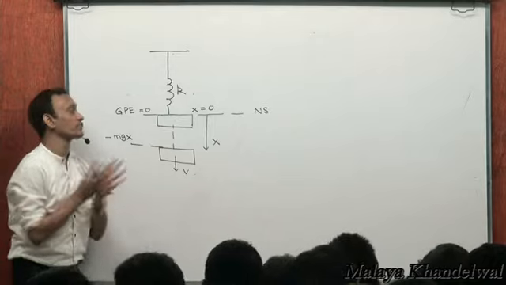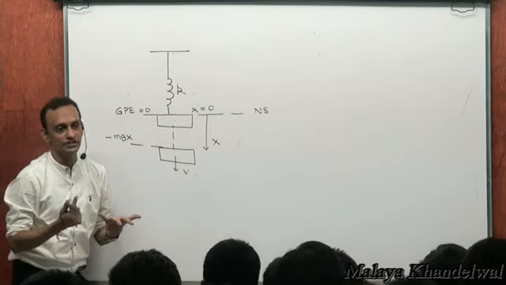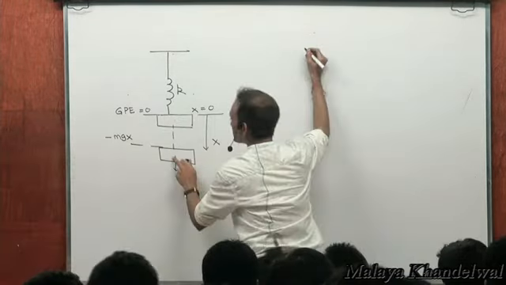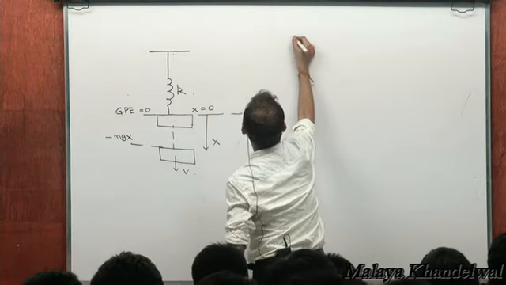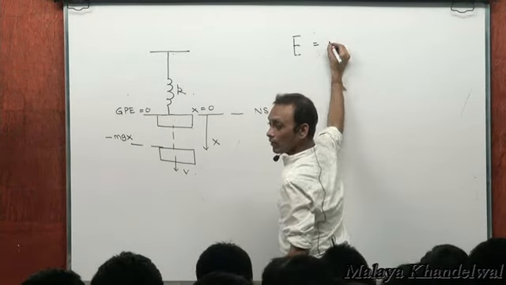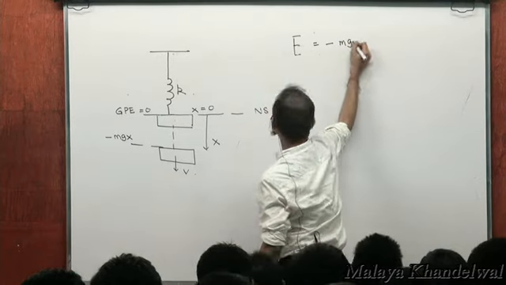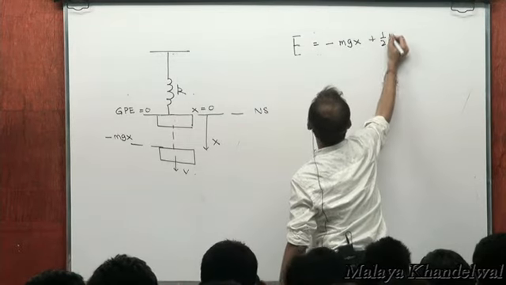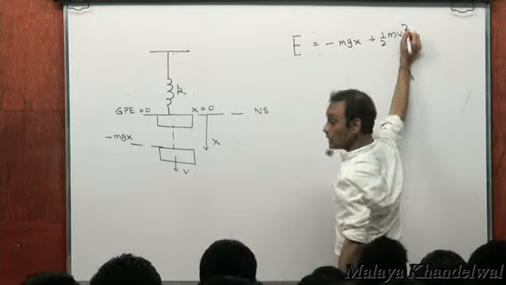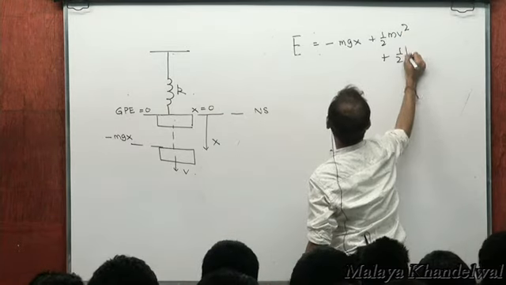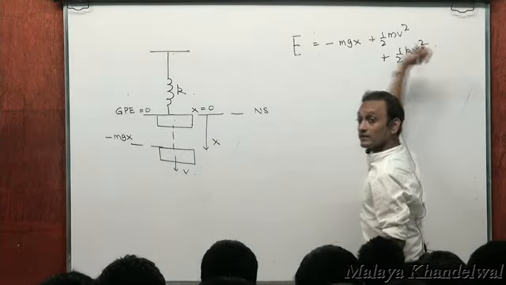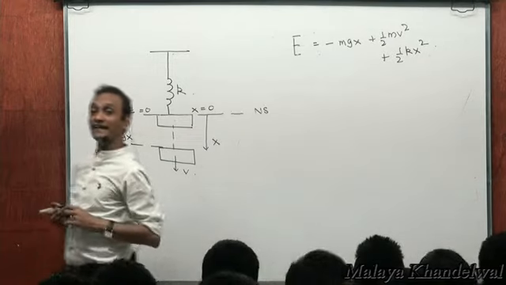Now the total energy of the system at this x would be minus mgx plus half mv squared plus half kx squared.